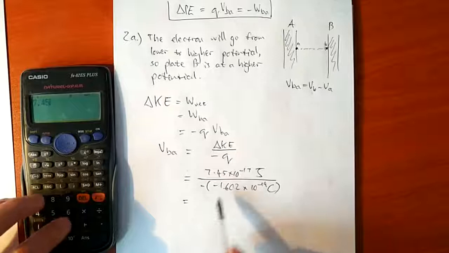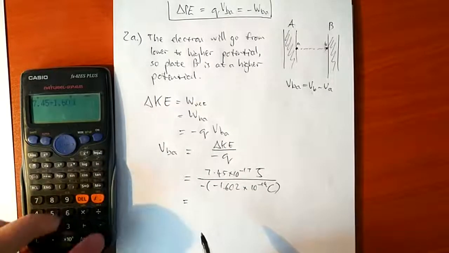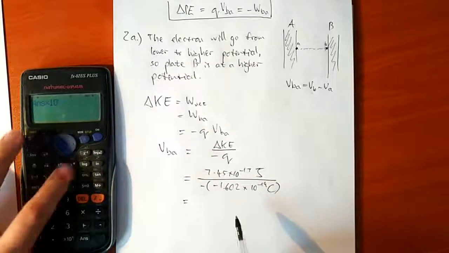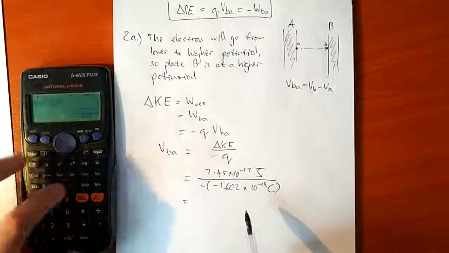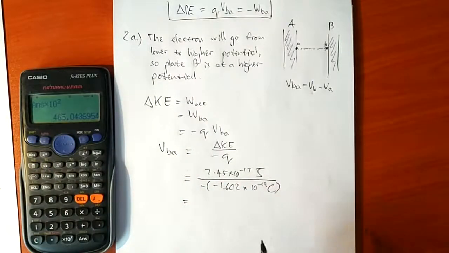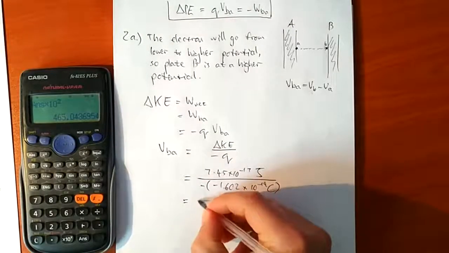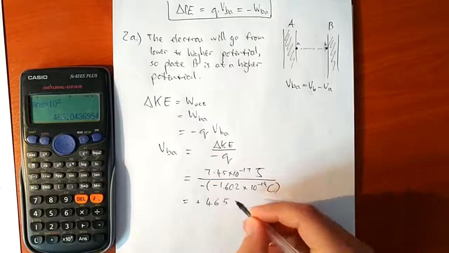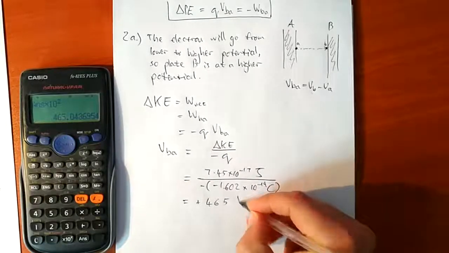Now we just calculate that. 7.45, the minuses will cancel, divided by 1.602, times 10 to the minus 17 minus minus 19, so this is to the power 2. Okay, there we've got our value, and it is plus, I don't have to write the plus, I'm just writing it to highlight it, plus 465 volts.